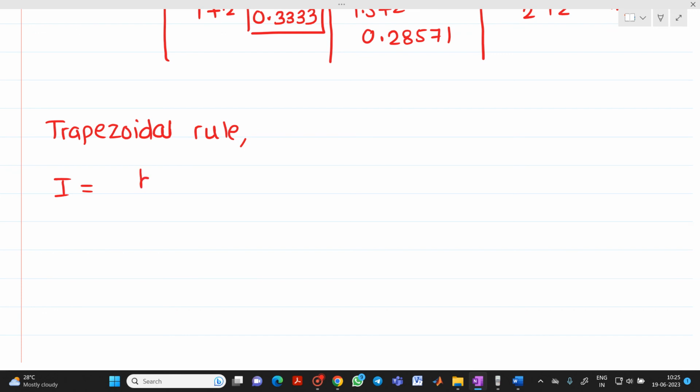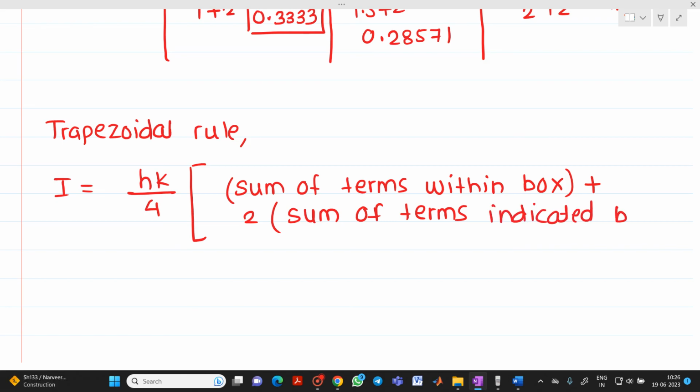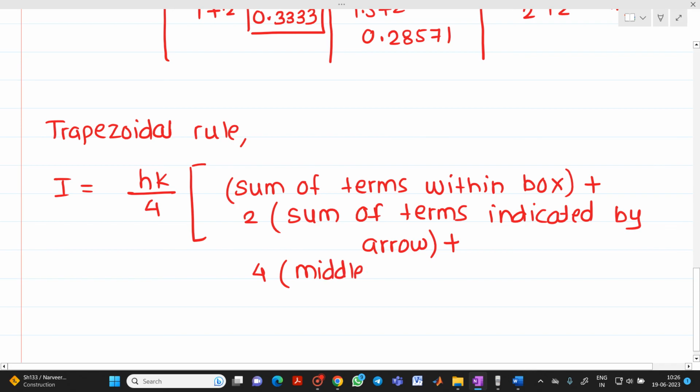It will be equal to hk upon 4 into bracket, sum of terms within box, plus 2 into sum of terms indicated by arrow, plus 4 into middle term from the table. So this will be the formula.